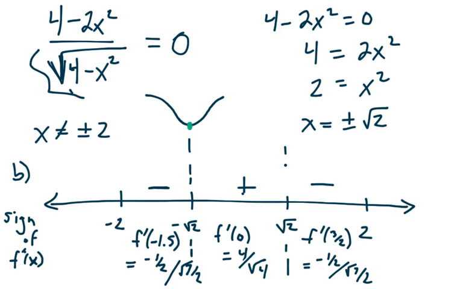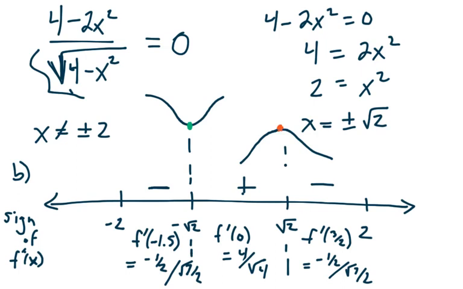And similarly, the first derivative test tells us what's happening around root 2, our other critical point. To the left of root 2, we have an increasing function, whereas to the right of root 2, we have a decreasing function. So that tells us that at root 2, there has to be a local maximum.